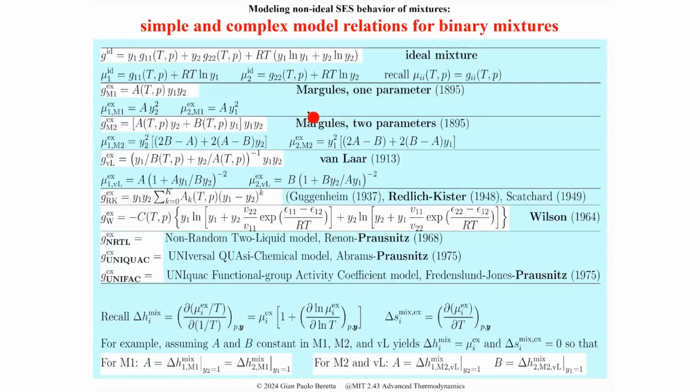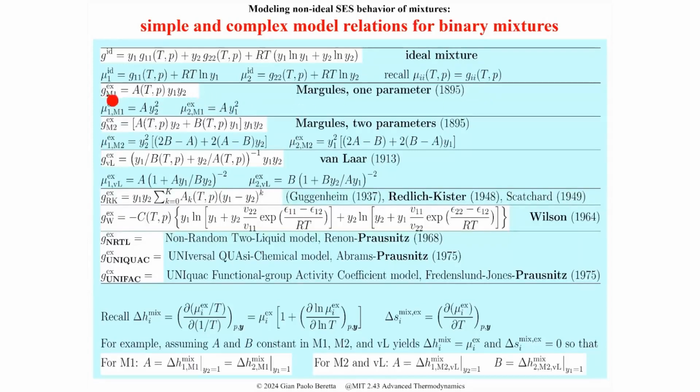The simplest one by Margules, you see this is 1895. Yeah, my grandfather was born in 1889, so he was 6 years old.